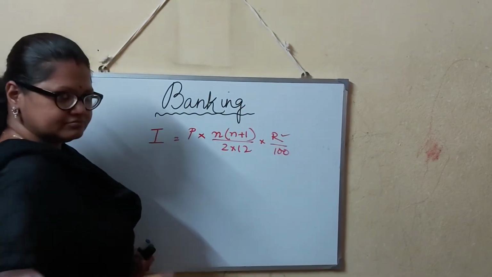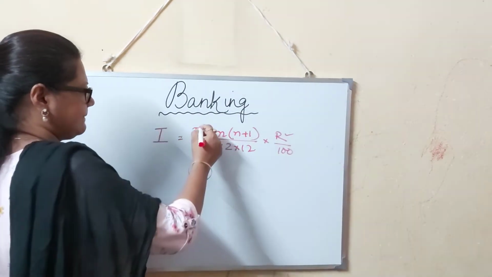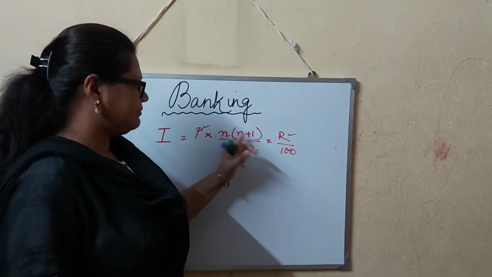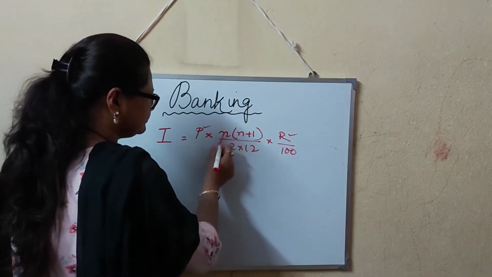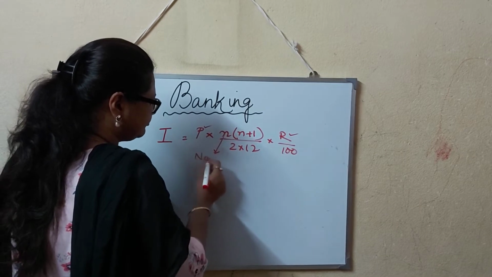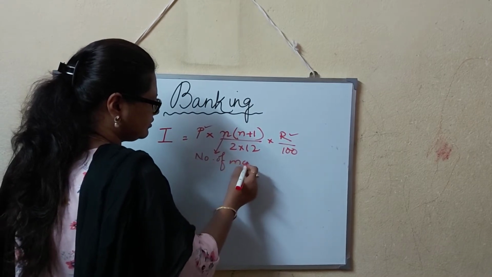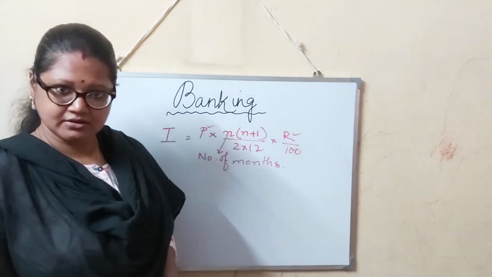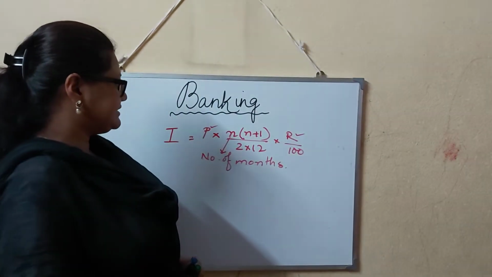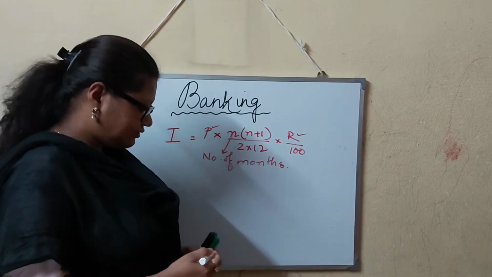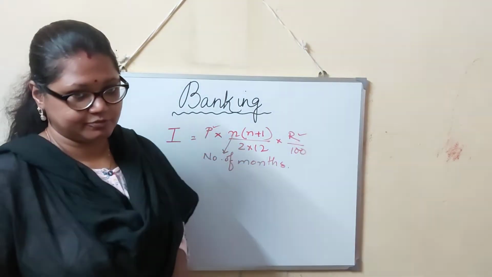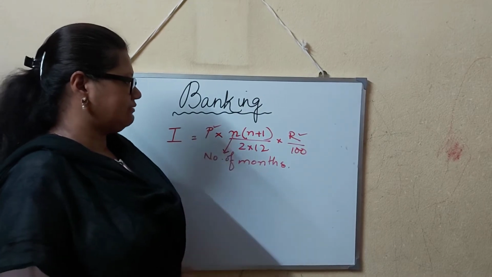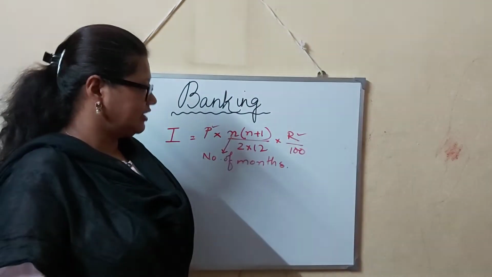Rate, so definitely by 100. Time becomes N into N plus 1, where N means number of months. So interest for a recurring deposit becomes I equals P into N into N plus 1 by 2 into 12 into R by 100.